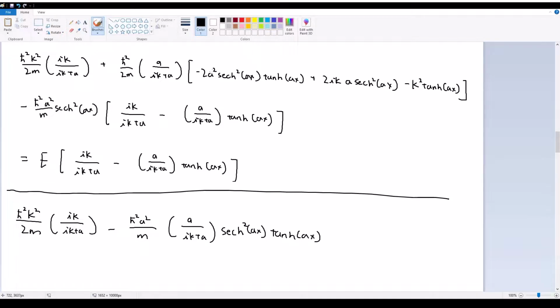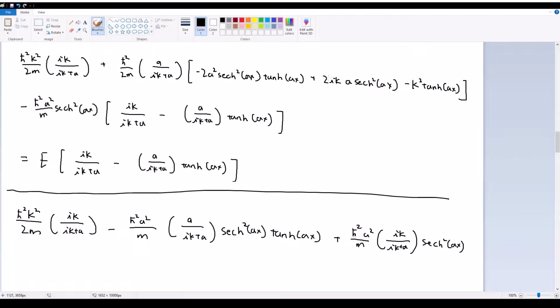And then I'm going to add, let's see, h bar squared. I'm going to combine the a here with the a here. I'm going to move it into the h bar squared term. So h bar squared a squared. The 2's cancel. I'm left with h bar squared a squared over m, ik over ik plus a, and then multiplied by hyperbolic secant squared ax, I believe.